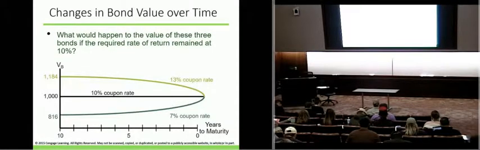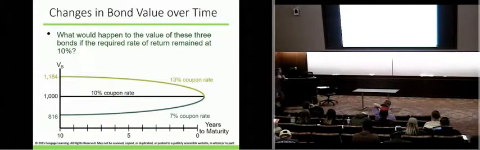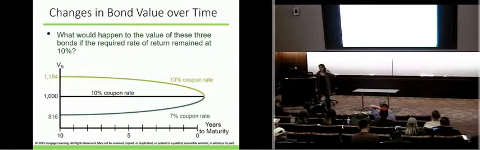So the value of these bonds would have to converge to the $1,000, even if the discount rate remains at 10%, simply because your n becomes 0. So you're putting in an n of 0, so it's just the face value. So even if we kept it at 10%, these would still converge because the number of years is getting less and less.